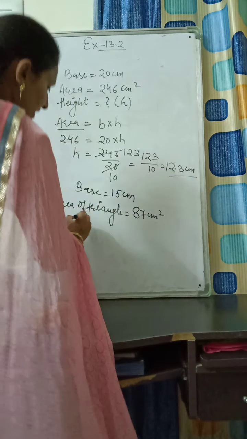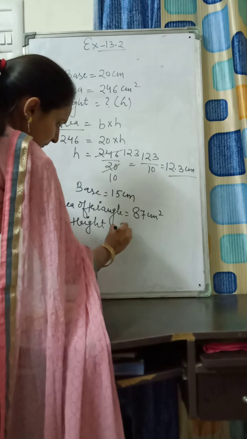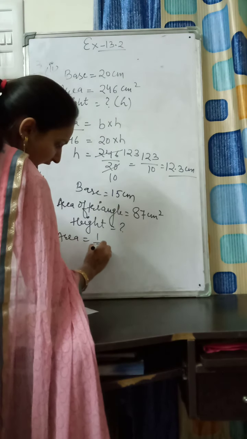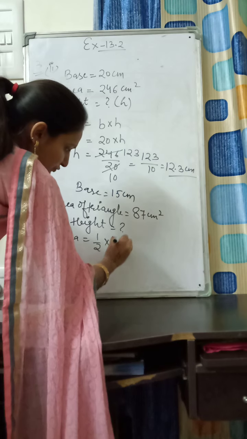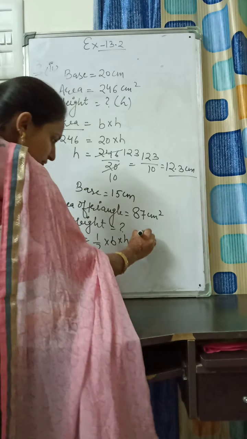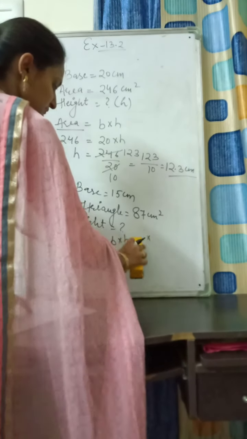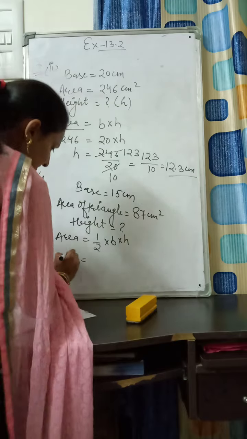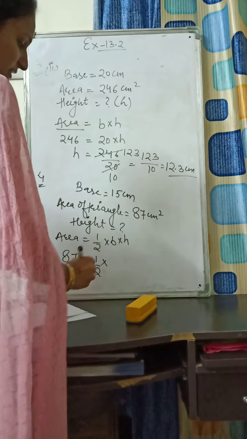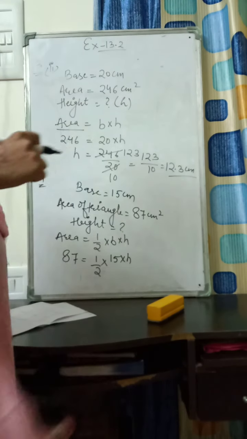Here we have to find the height. So area equals half of base into height, and here the area is 87 and half into the base 15 and the height is h.